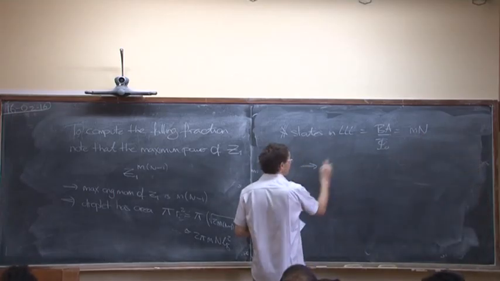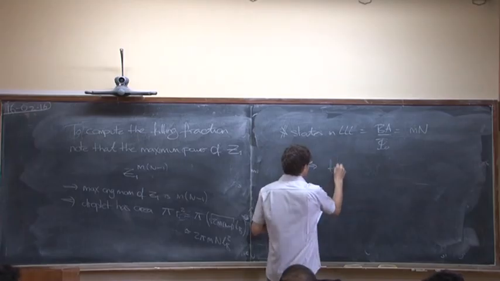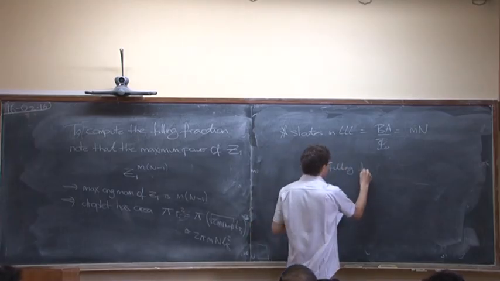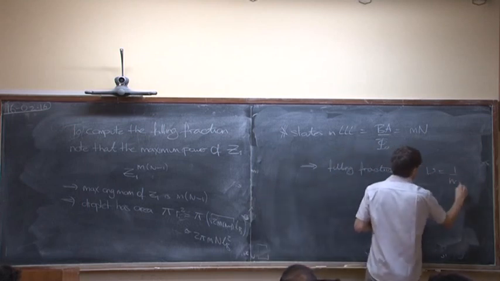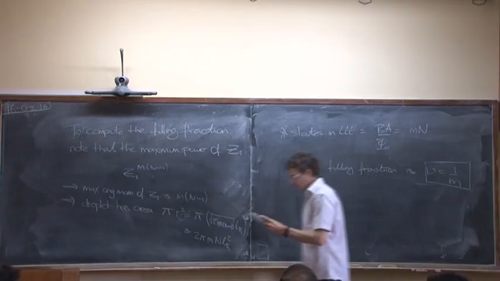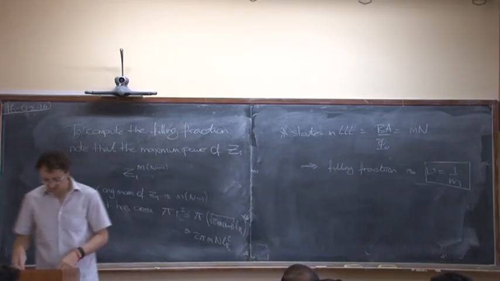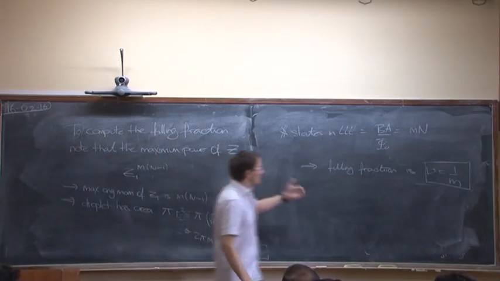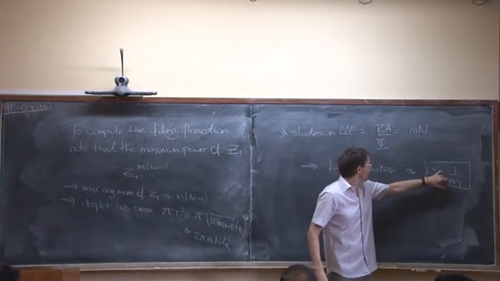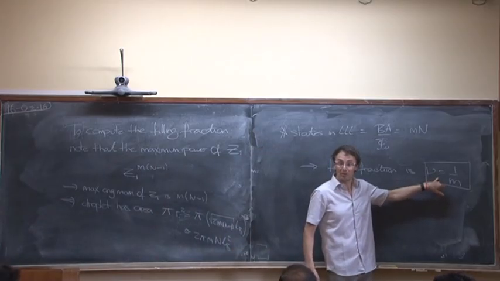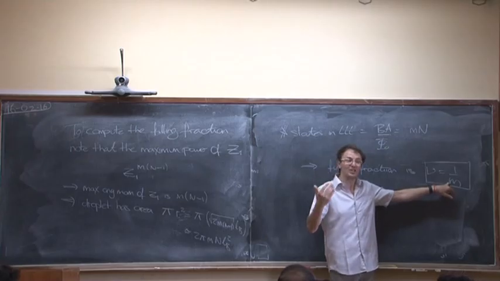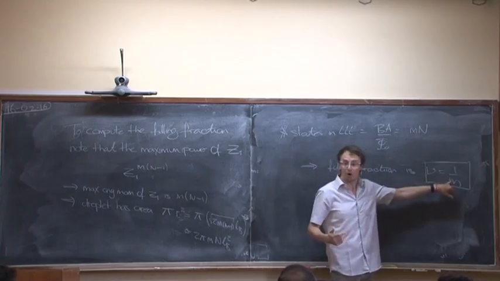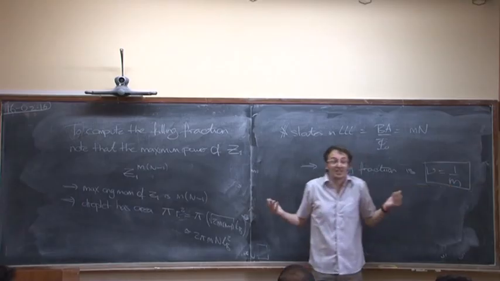So the number of states in that area was m times N. Obviously, there are N particles, so the filling fraction nu is 1 over m. Okay, so already we learn something about the experimental data. We learned that with m odd, it describes fermions, and electrons are fermions, so we should only expect to see filling fractions with 1 over m odd, not 1 over N.